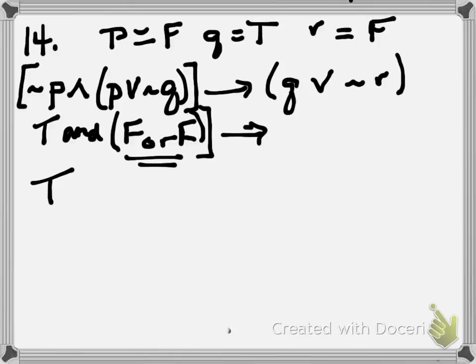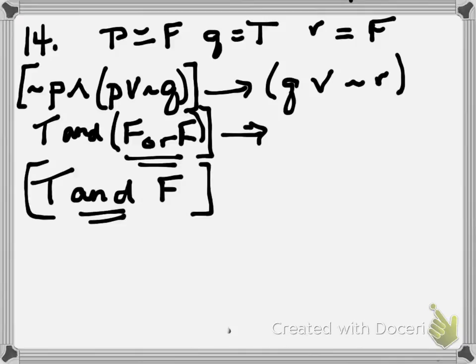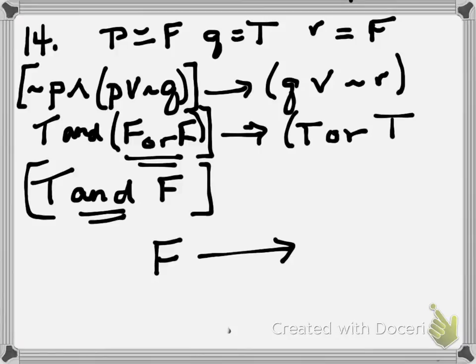So we have T and F for the first part of this conditional. And in an and, they both have to be true for it to be true. Therefore, this is false. Now, continuing the rest of the way, we have Q, which is true, or not R, which is true.